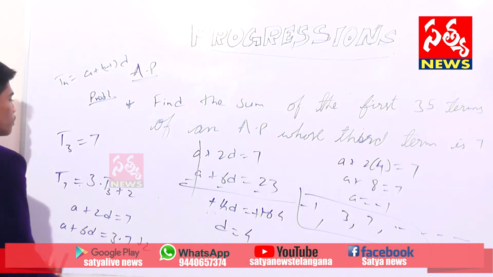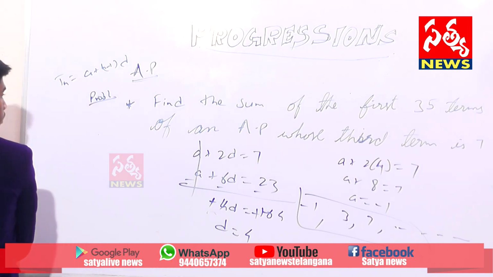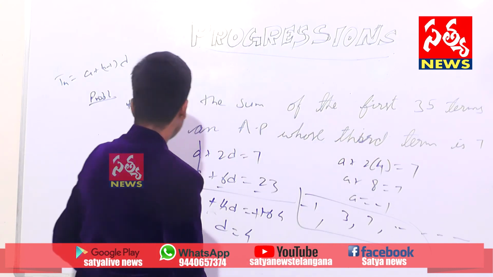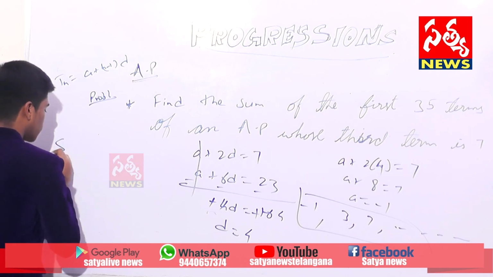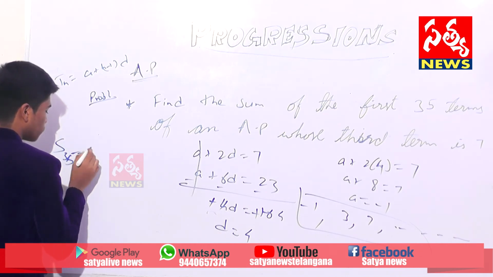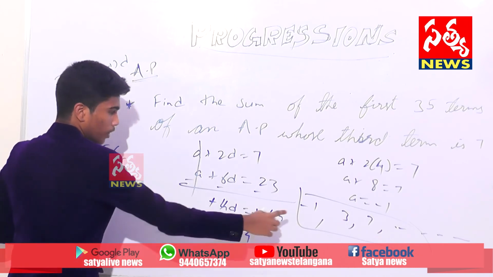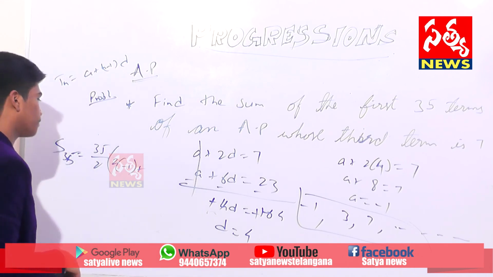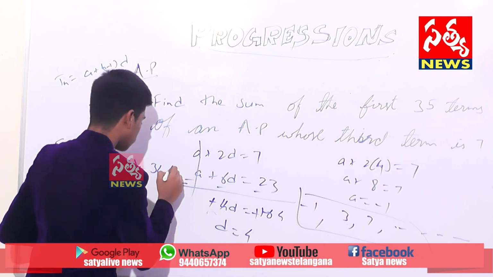So now, at last, what do we have to find? The sum of the first 35 terms. The sum of the first 35 terms is Sn, right? S of 35 equals 35 by 2 into 2a, 2 into a is minus 1, plus n minus 1, 35 minus 1, 34, into d, which is 4.